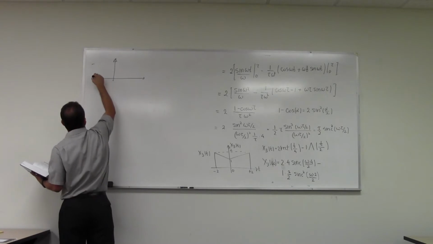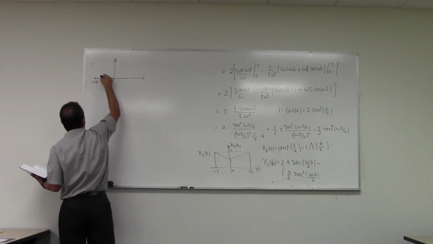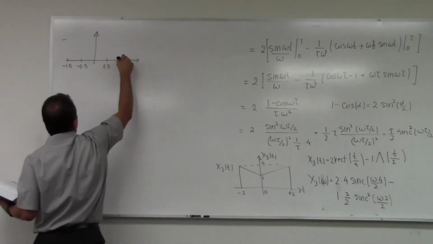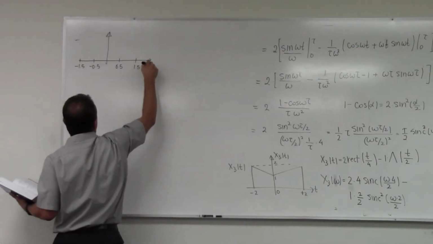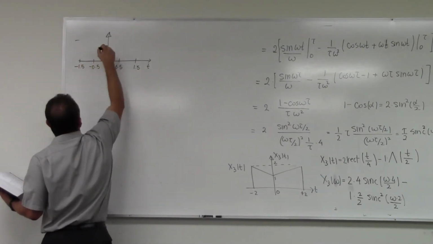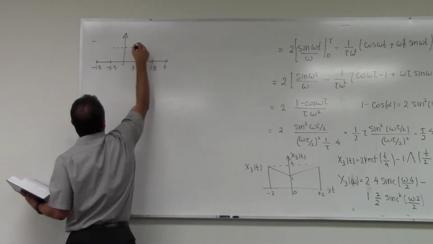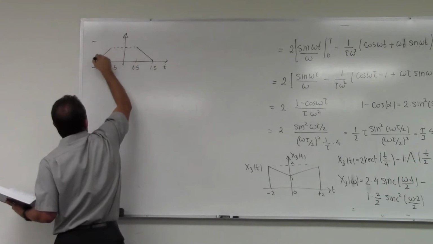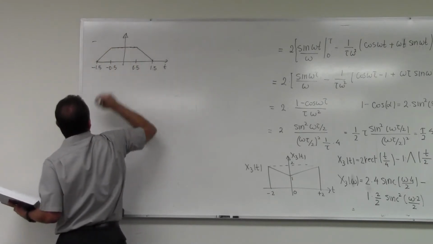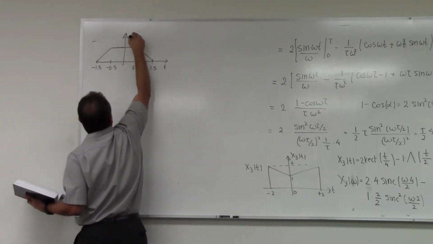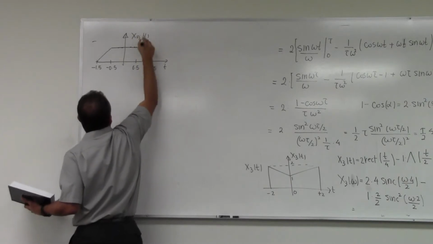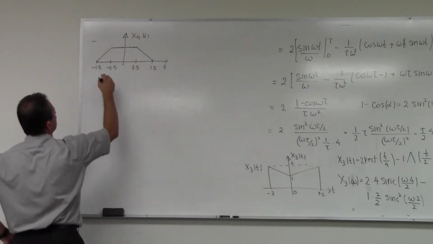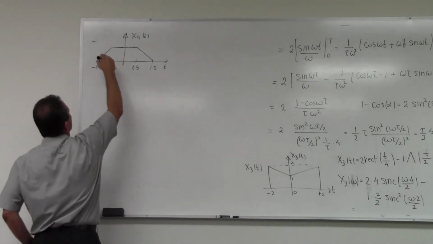It starts at minus 1.5, minus 0.5, 0.5, 1.5 on t. And then this is 1 in this area. And then it kind of levels down here. So this is x5 of t. Well, how do I represent this one? Well, I can see that this x5 of t consists of 2 triangles.